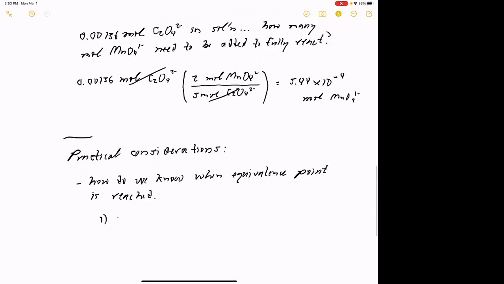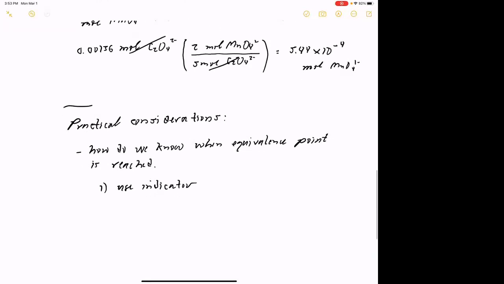First of all, we want to use an indicator. Okay. So it's something that's basically going to tell us, from some sort of a visual change, like a color change, when to stop the reaction. All right, when to stop adding titrant.